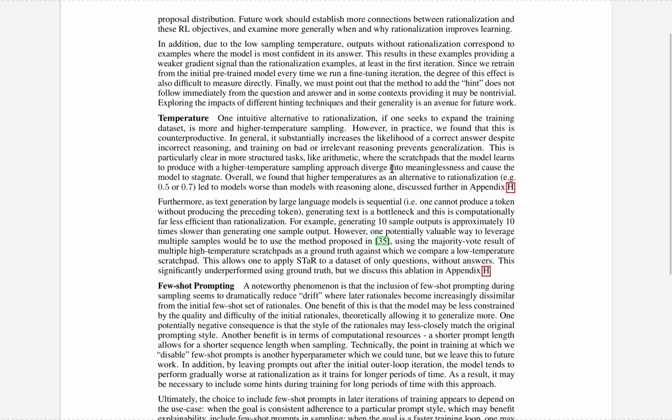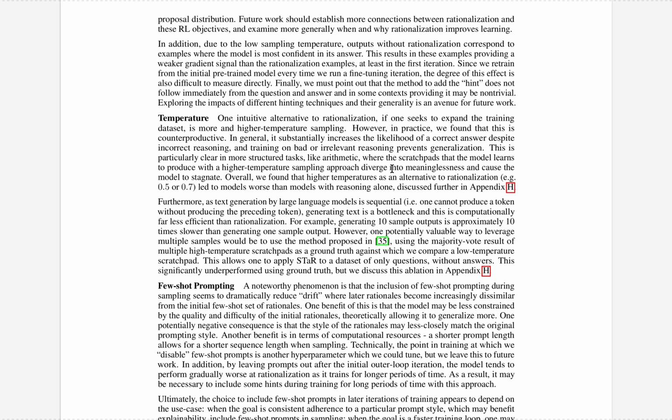Temperature. One intuitive alternative to rationalization, if one seeks to expand the training data set, is more and higher temperature sampling. However, in practice, we've found that this is counterproductive. In general, it substantially increases the likelihood of a correct answer despite incorrect reasoning, and training on bad or irrelevant reasoning prevents generalization.